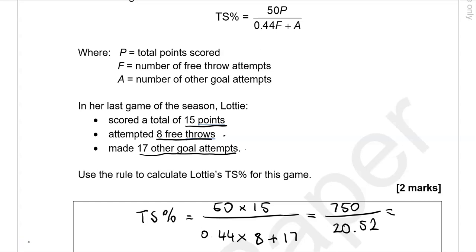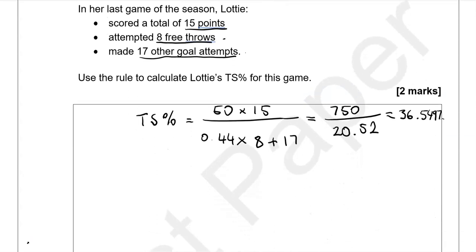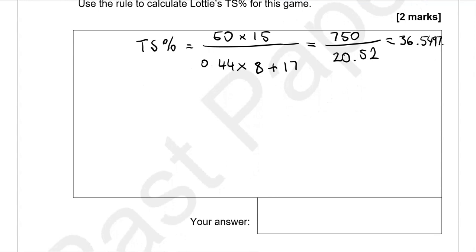Dividing now 750 by 20.52 gives us 36.5497 and so on. So let's round it to 36.55.